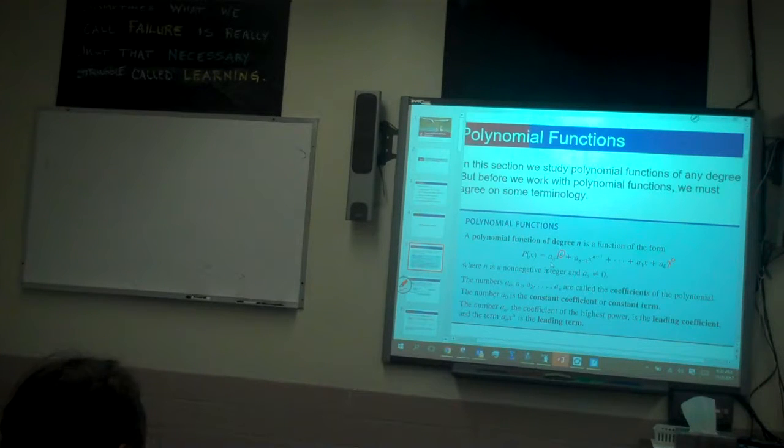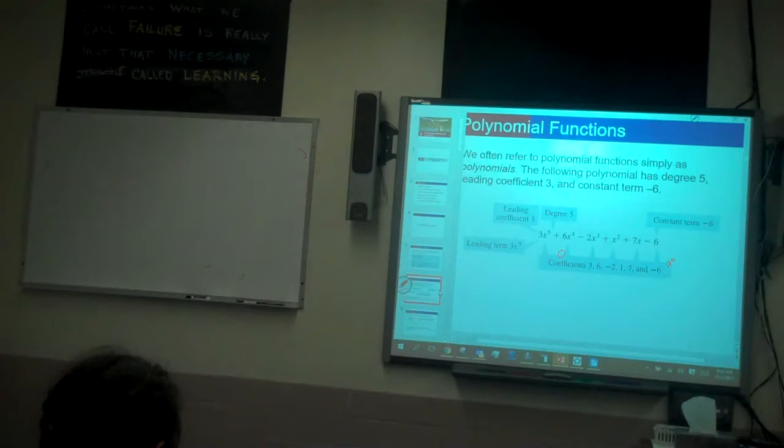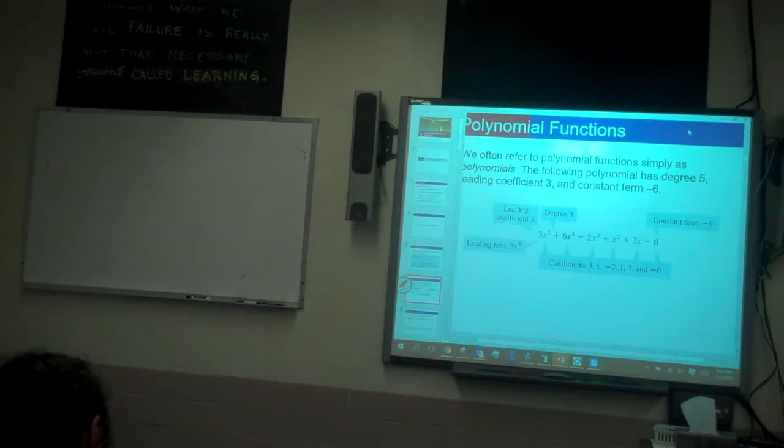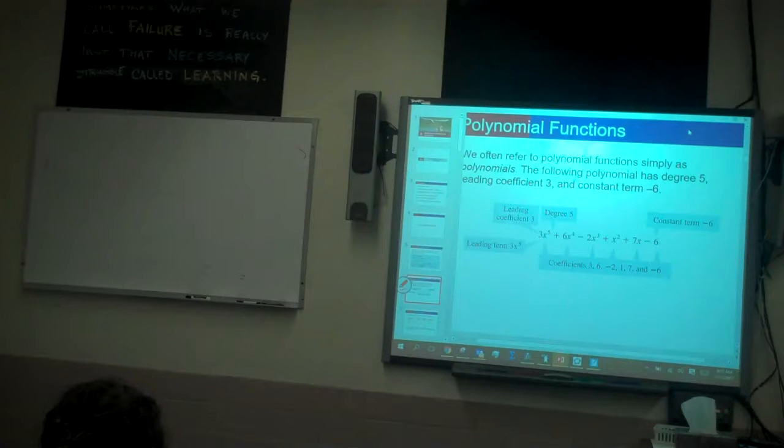So let's put all these vocab words into play with a specific function. It says 3x to the 5th plus 6x to the 4th minus 2x cubed plus x squared plus 7x minus 6. The 3, 6, negative 2, 1, the 7, and the negative 6, those are all constants, right? Let me rephrase it. They're coefficients.